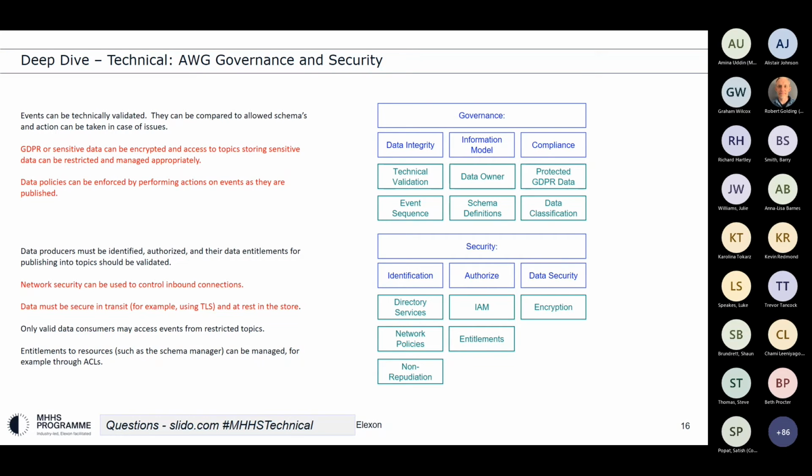And I've drawn this one up purely to say that we've accounted for all of these in the security requirements for the DIP. Could you hit the next slide, please, Rob?